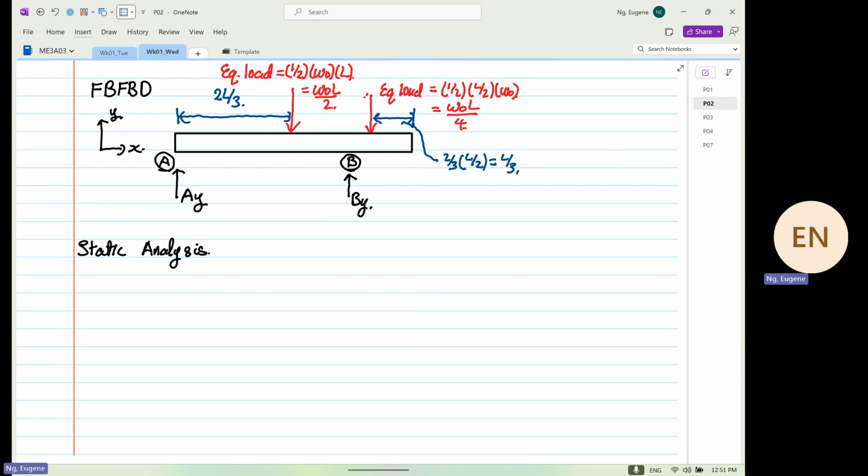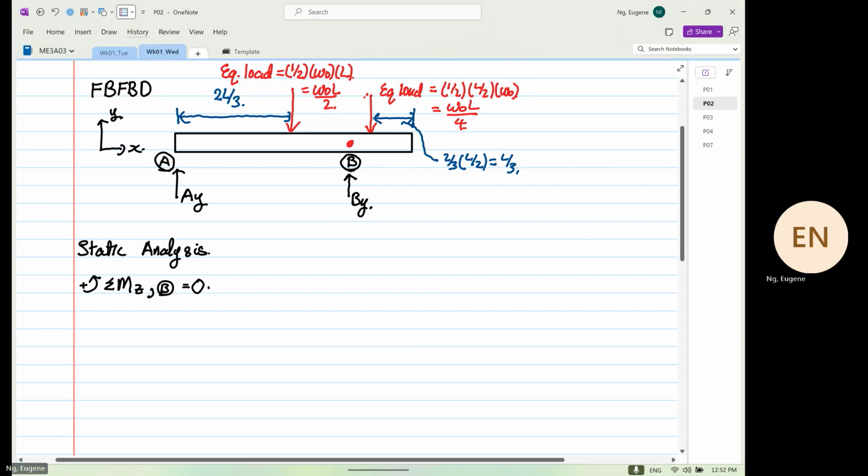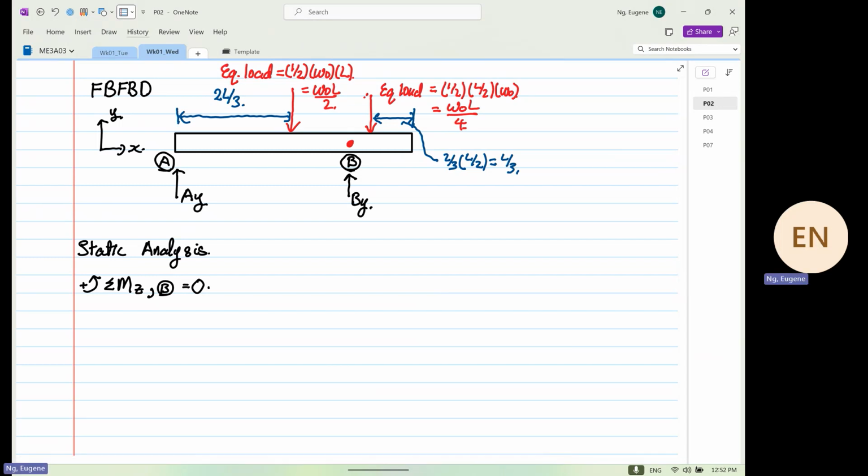The static analysis that we're going to carry out is the summation of moment about the z-axis at point B is equal to what? 0. Okay. So what we are trying to do is take moment at point B.